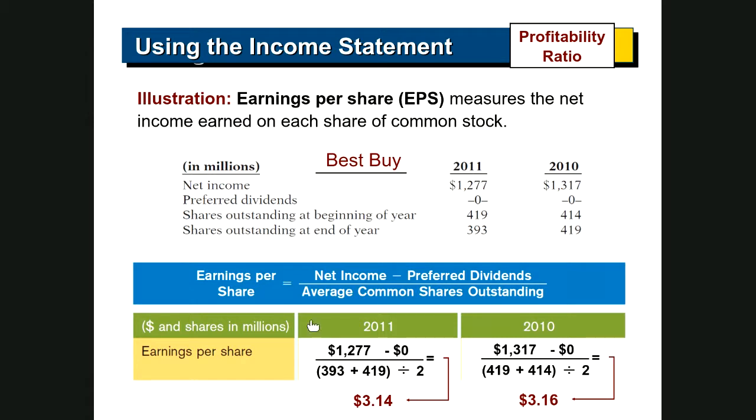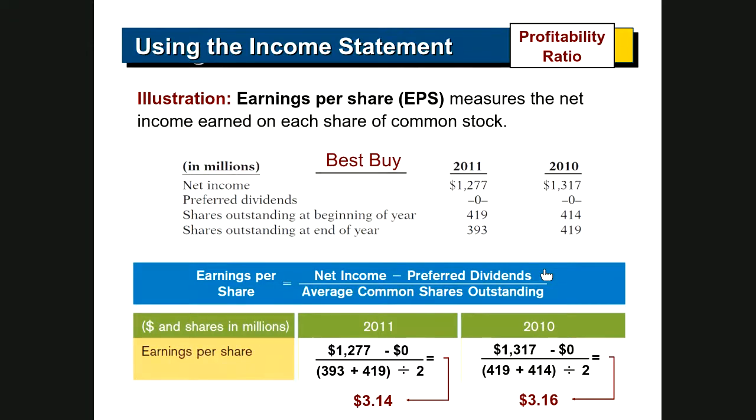The formula to calculate this is you take the net income and you subtract the preferred dividends. Now, there are two different types of stocks in many companies. One is the common stock, and the other one is the preferred stock. The preferred stockholders get something called a preferred dividend, which means that the dividends would be paid out to the preferred stockholders first, and in some cases they're guaranteed even if the common stockholders do not get any dividends.